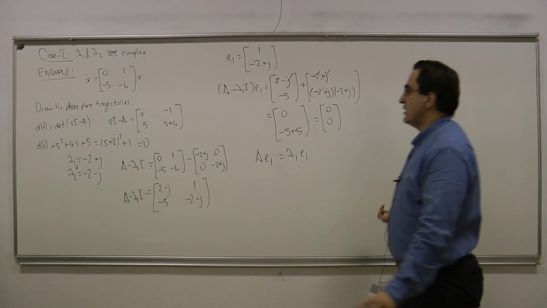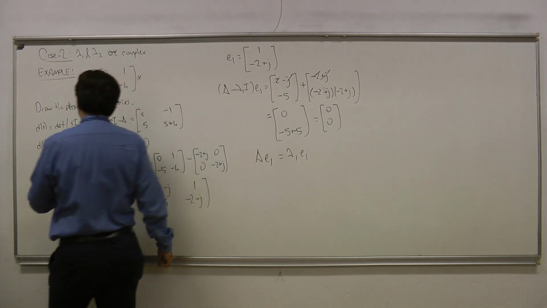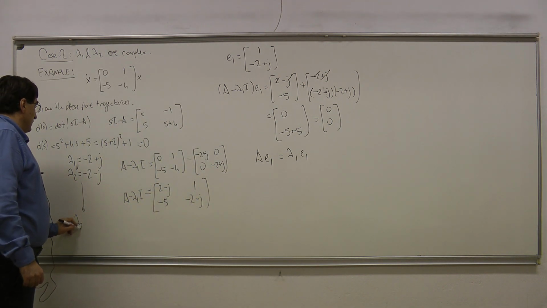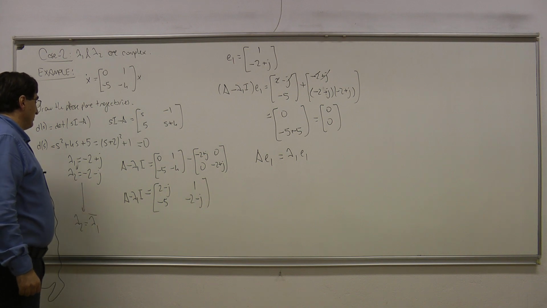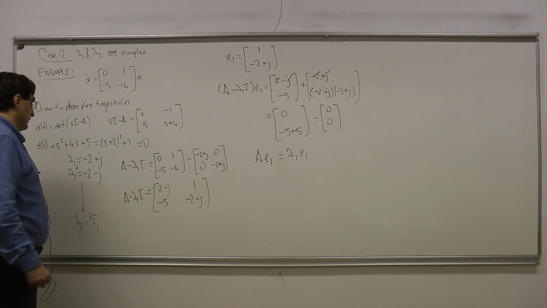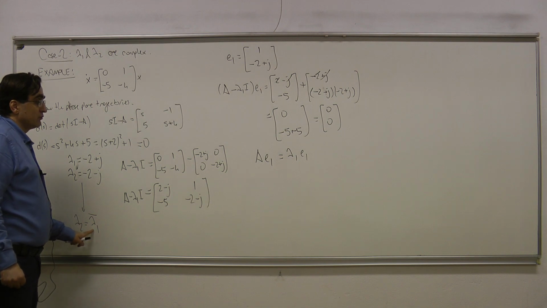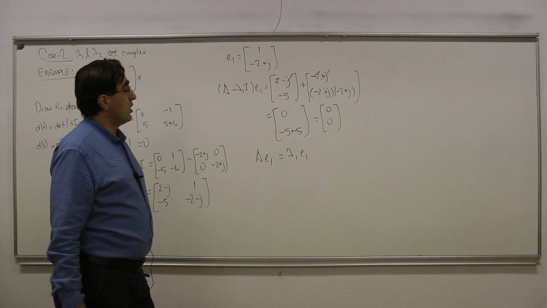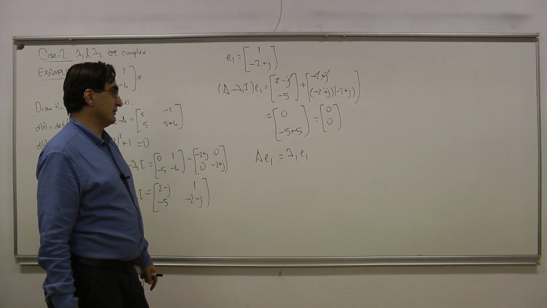And I know that lambda 2 is nothing but the complex conjugate of lambda 1. So here we see that lambda 2 is lambda 1 complex conjugate. Let us say that this bar just shows the complex conjugate of the complex number. Let me take the complex conjugate of both sides here.